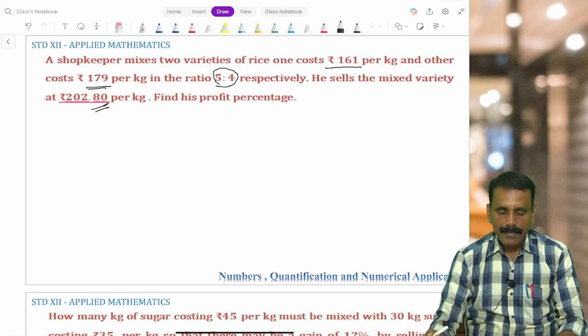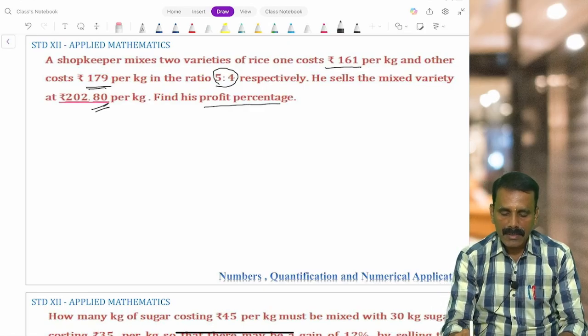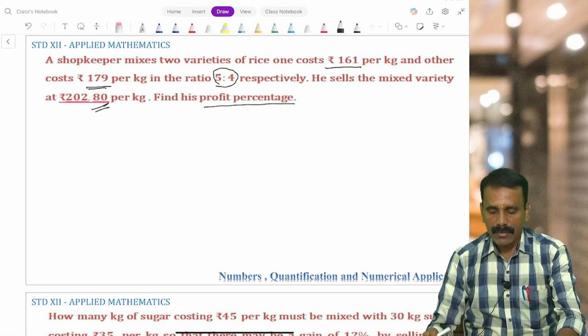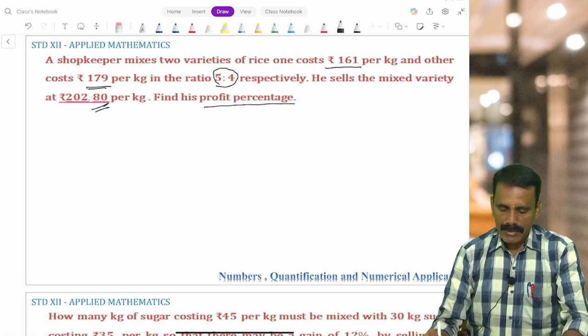For finding the profit percentage, we are supposed to find the cost price of the mixture. Okay, and the ratio is given to us.